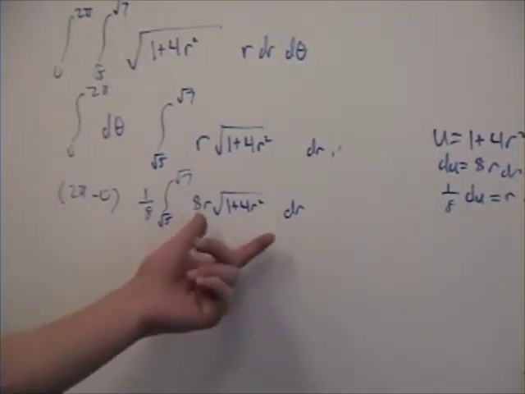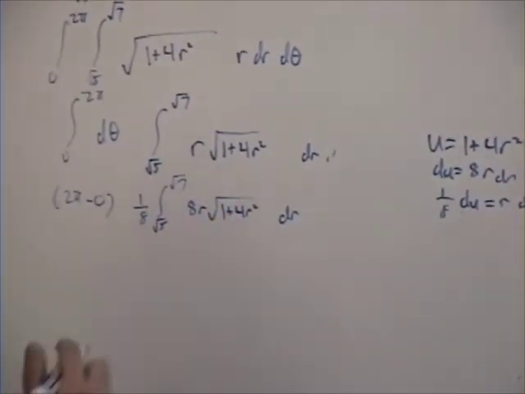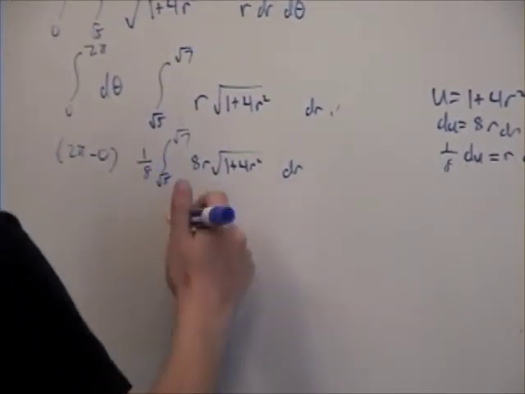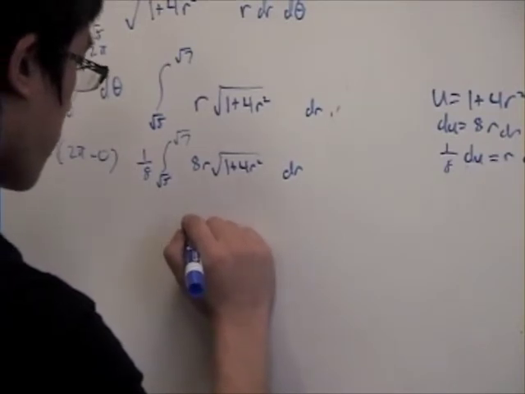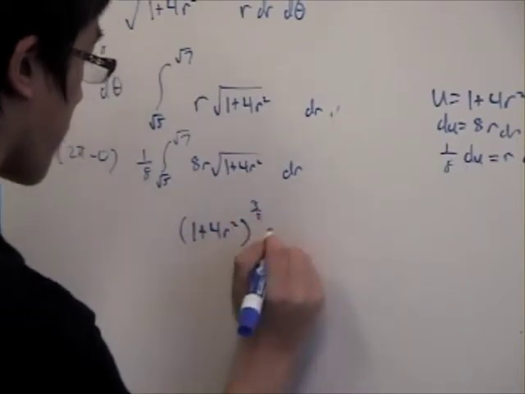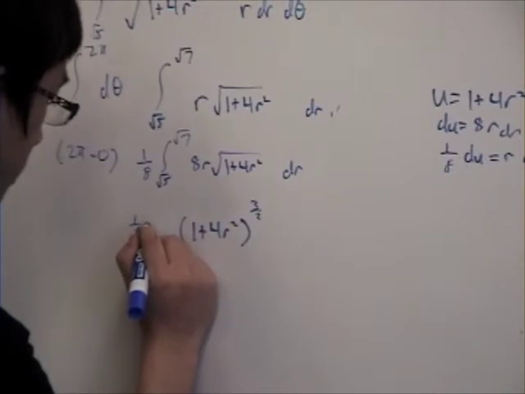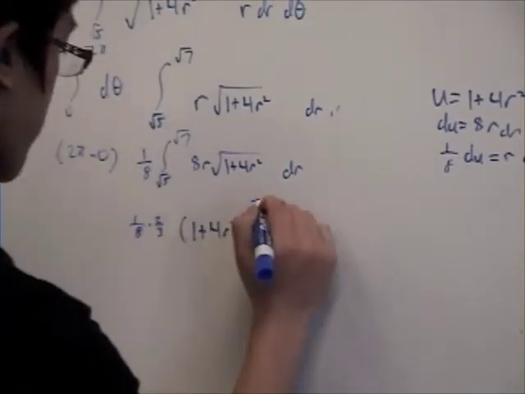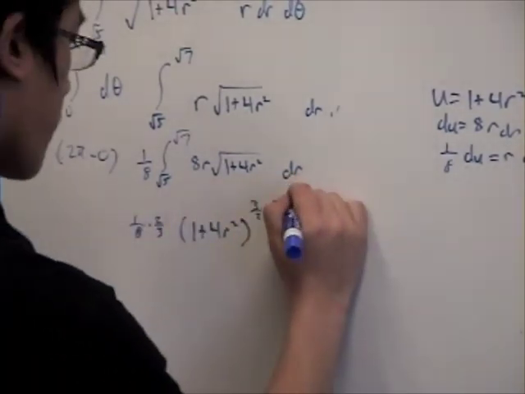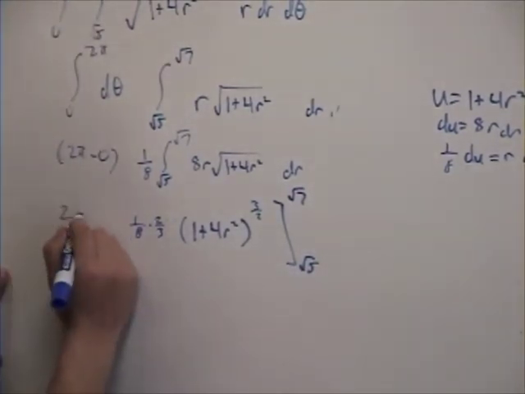From here we can just do the integral, because we know this is the derivative of that. So we will get 1 plus 4r squared to the 3 halves times 2/3, evaluated from root 5 to root 7, and this is just times 2 pi.